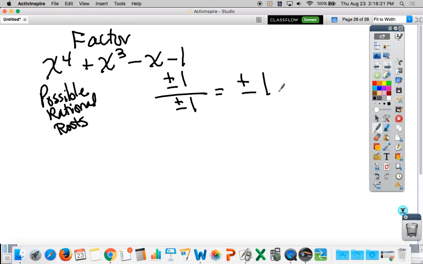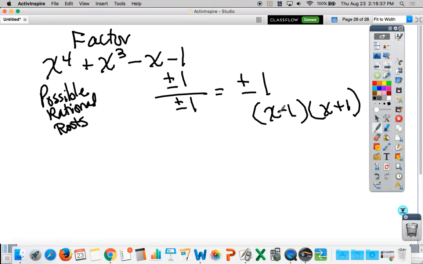Okay, so that means that they're both roots. So they have how many factors that they've already shown me? 2. What are they? X minus 1 and x plus 1.